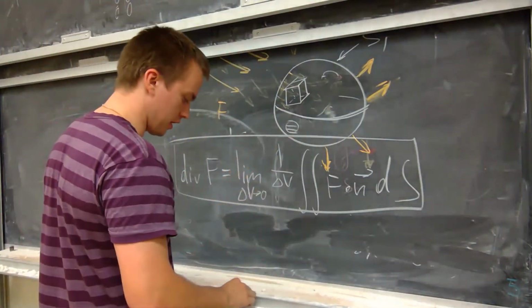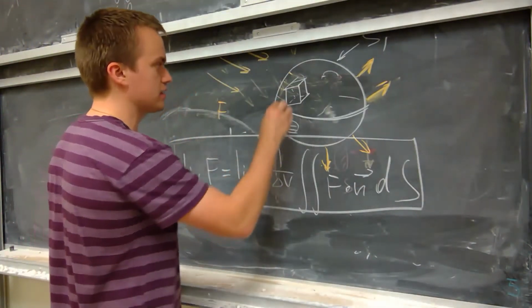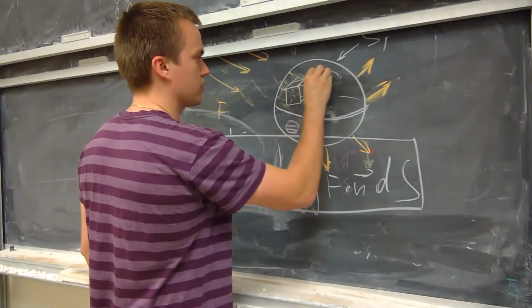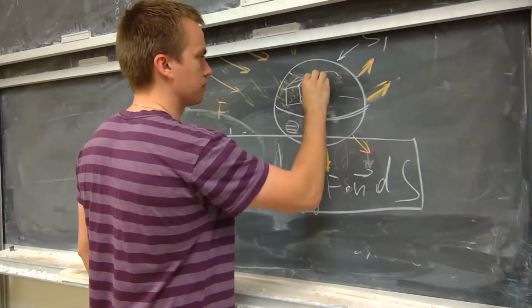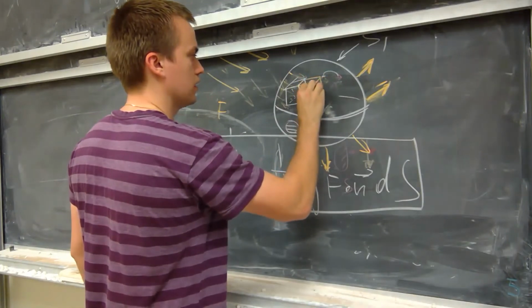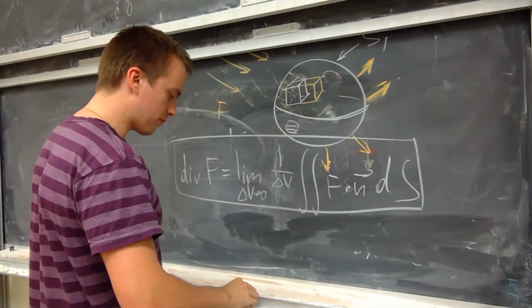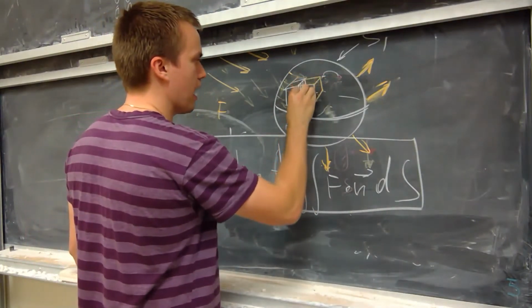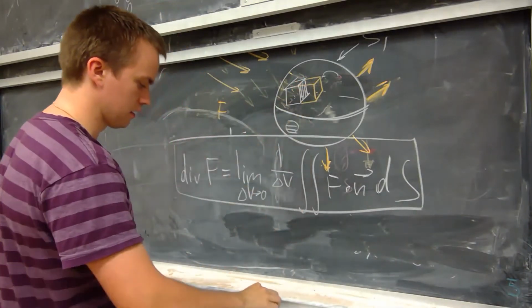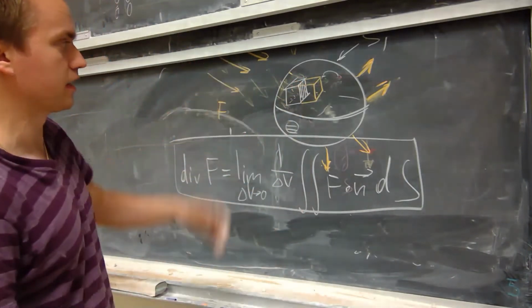But you can see that if you add this cube and another cube next to this one, then for this cube you will have this side.